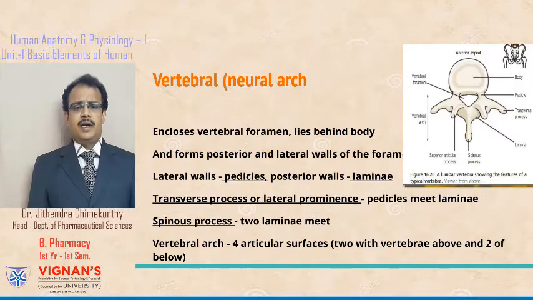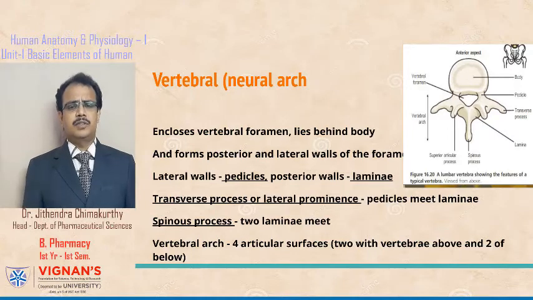They have an intervertebral disc, which is a fibrocartilage present between the bodies of 2 adjacent vertebrae. And the size of the body gradually increases as we move downwards.